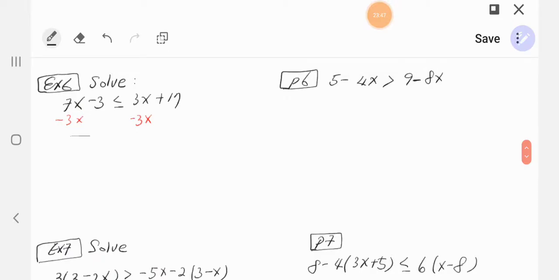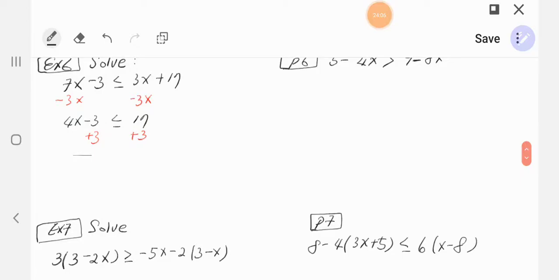Combine these two, then 4x minus 3 is less than or equal to 17. Let's move minus 3 to the right, so plus 3 each side. When you add or subtract, don't change any symbol. So 4x is less than or equal to 20.